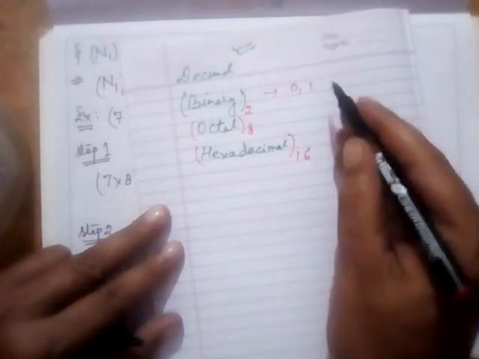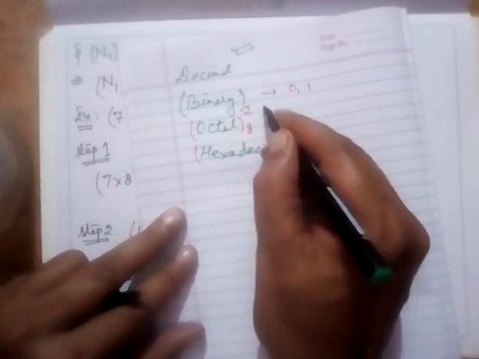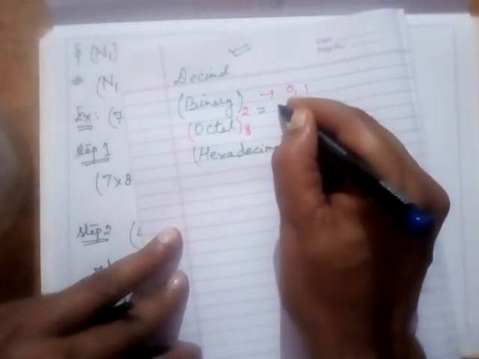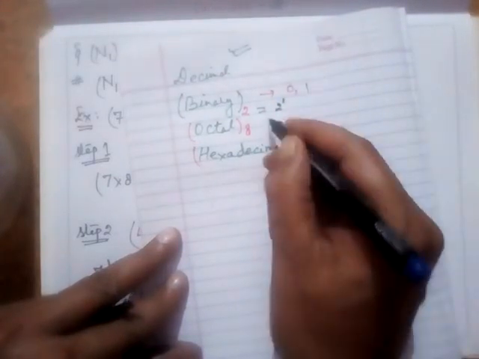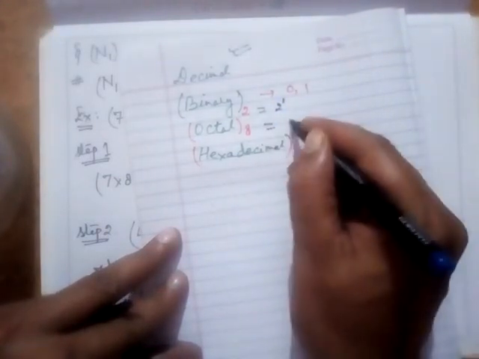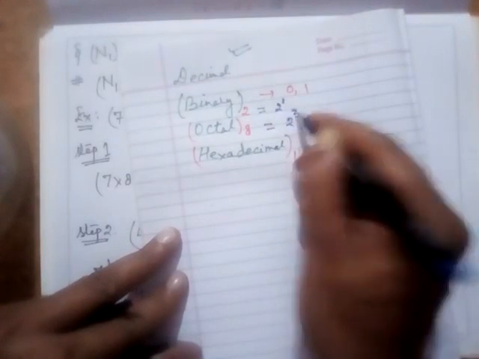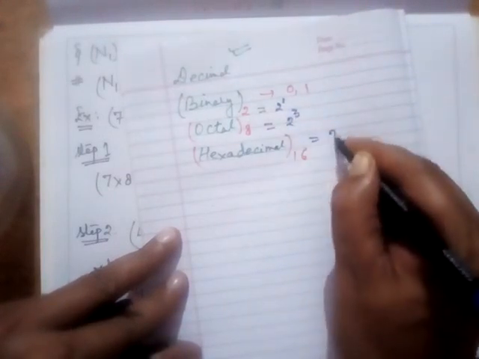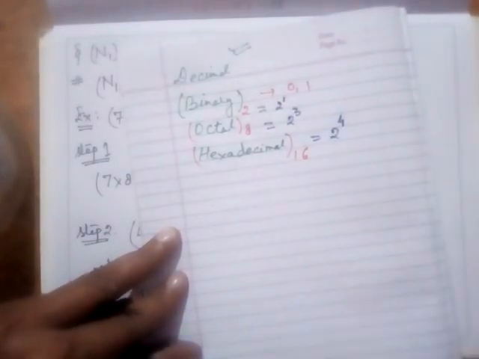Now if you see the base of this number, the base 2 is 2 to the power 1. On the other hand, this octal is 2 to the power 3, and this hexadecimal has a base of 2 to the power 4. Now how to convert these numbers apart from decimal?